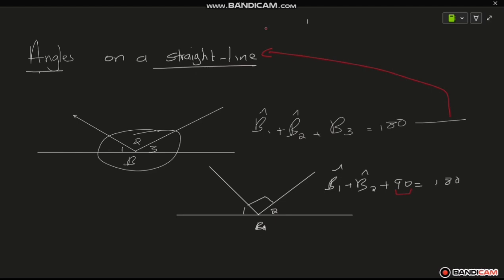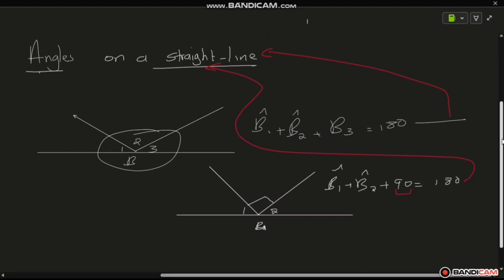So where did we get the 90 from? This is the 90, as I'm highlighting with the red color, as you can see on your screen. I hope it makes sense. The reason is angles on a straight line.